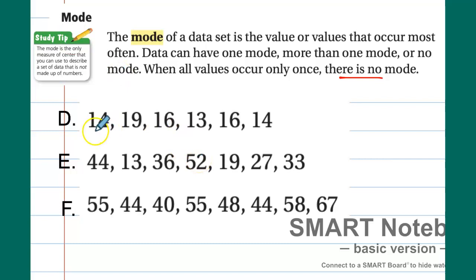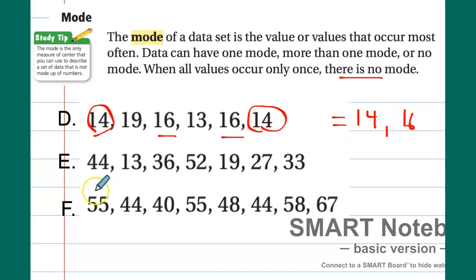So look at problem set D. 14, 19, 16, 13, 16, and 14. What's the mode for the set of data? 14 appears twice and 16 appears twice, so you could say 14 and 16.